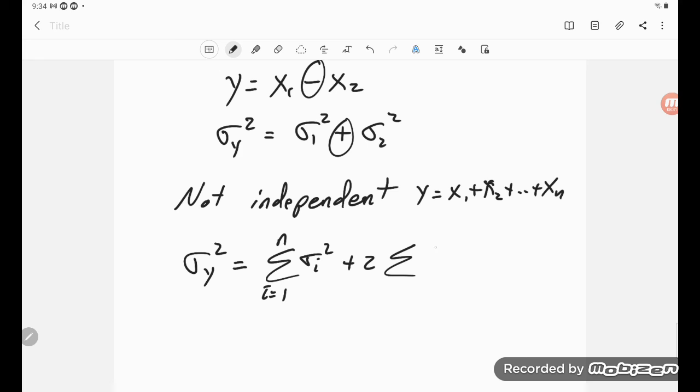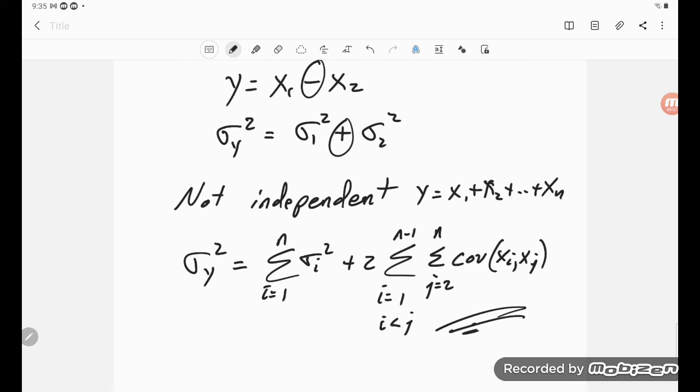So this would be a sum i equals 1 to n minus 1, where i has to be less than j, and then j equals 2 to n. What this is doing is saying I have to get every covariance of every pairing of xi and xj. So you end up with that part, and so it's kind of ugly if they're not independent.